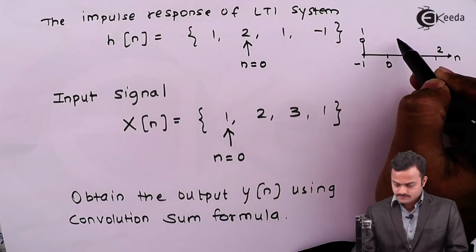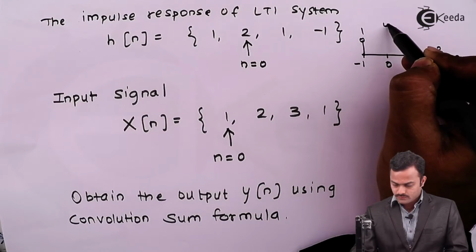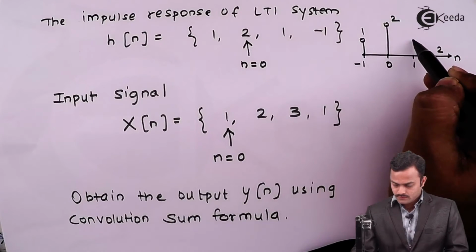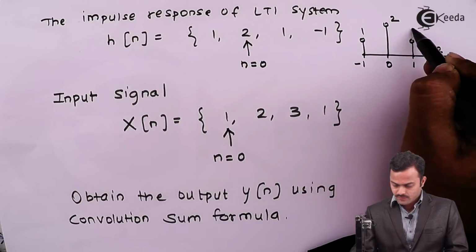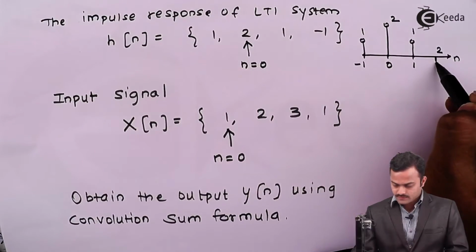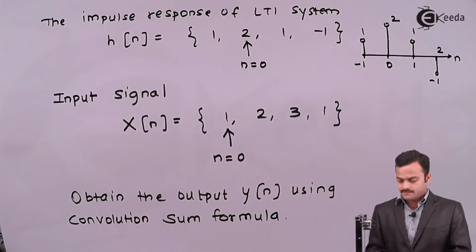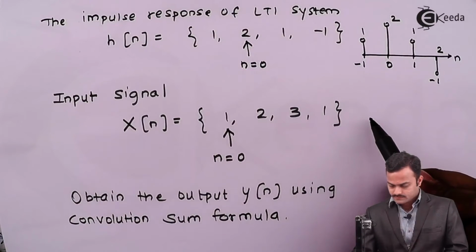Here it is 1, at n equal to 0 we have value 2, then once again it is 1, and in the end it is minus 1. So this is h of n.